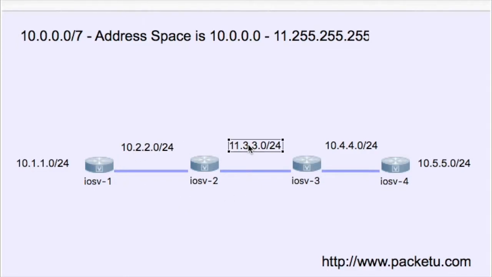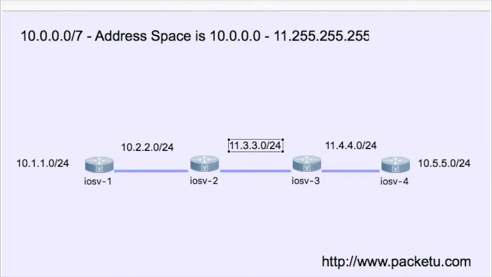To make things a little more interesting, I'm going to change this from 10 to 11. We still have a contiguous address space, but I wanted clarity when we show a discontiguous example.